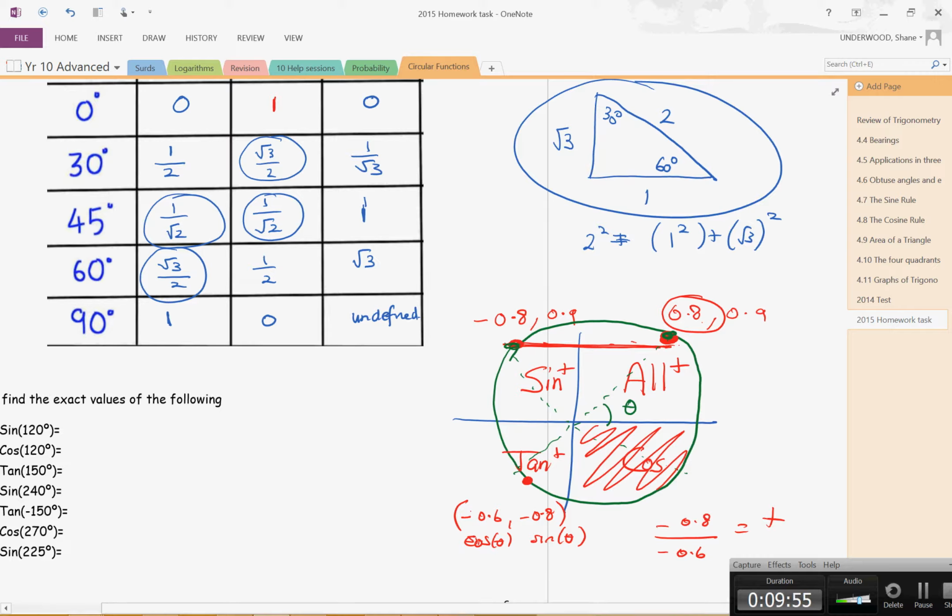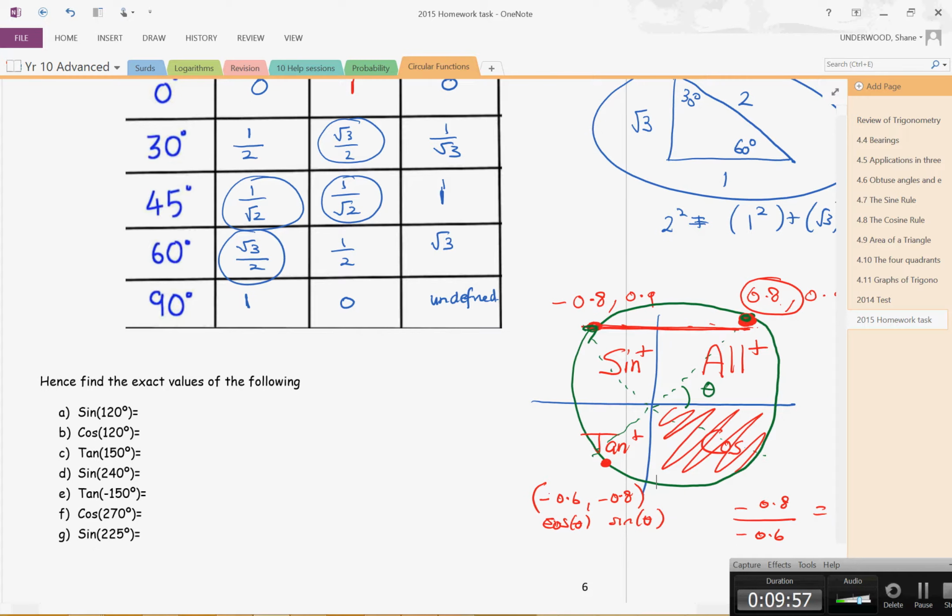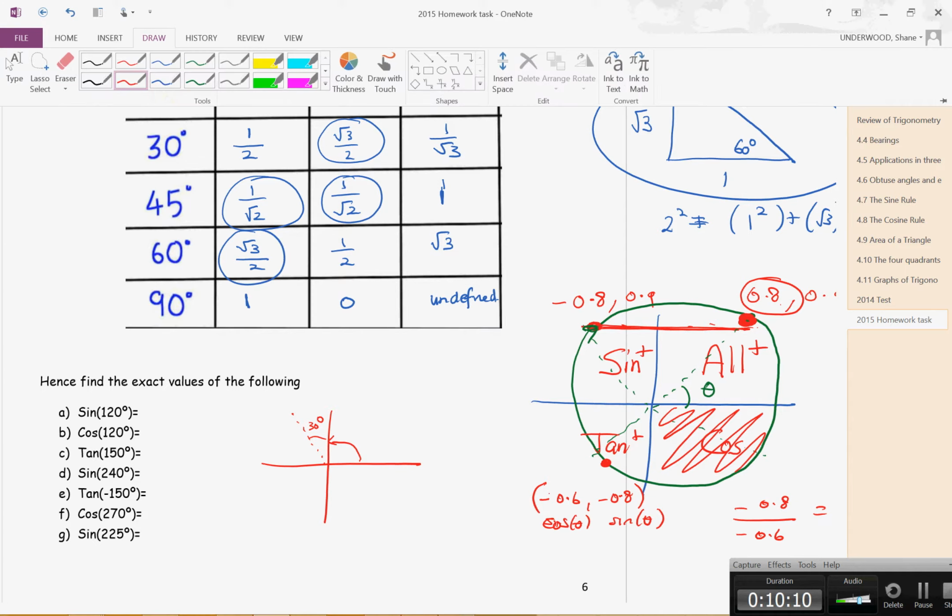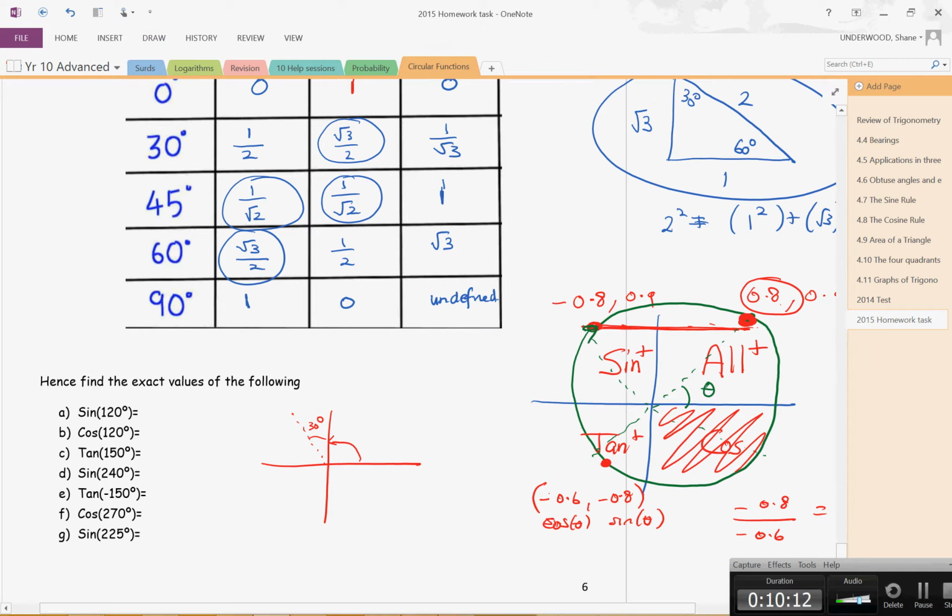And the next thing is finding some exact values. So let's map out sine of 120 degrees. 120 degrees, we've got to go across here 90 and we've got to go across here 30 degrees more. Do we care about the angle from the vertical though? Don't we care about this angle here? 60. That angle is 60 degrees.